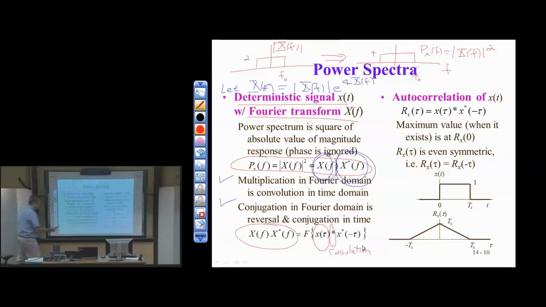I'm going to convolve the inverse Fourier transform of capital X of f, which is little x of tau, and the inverse Fourier transform of capital X conjugate of f. And again, from Fourier transform properties, that gives me little x conjugated and flipped in time. Okay? And so another way to compute the power spectrum is to take the Fourier transform of a signal in the time domain convolved with a conjugated and flipped version of itself.